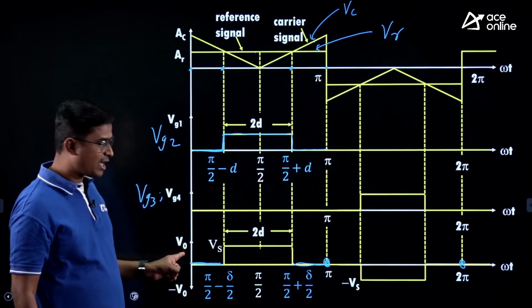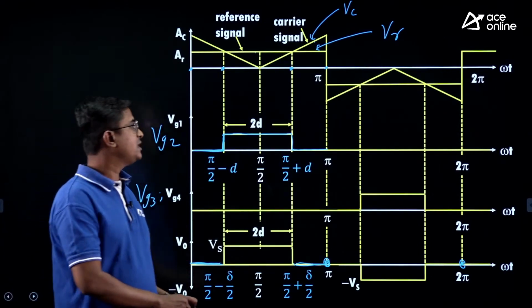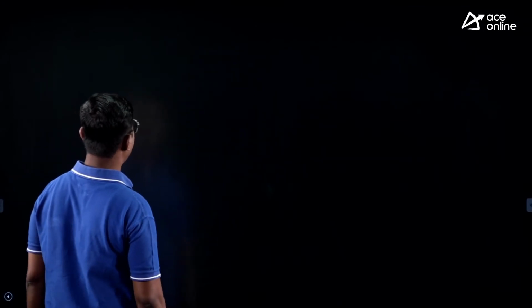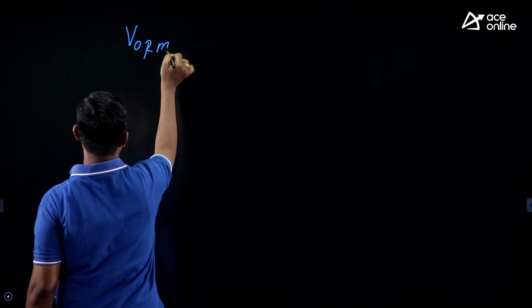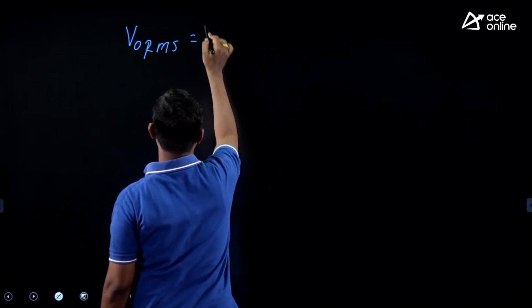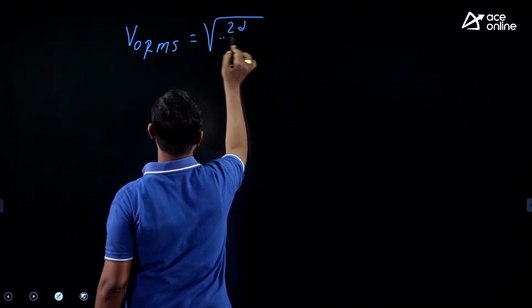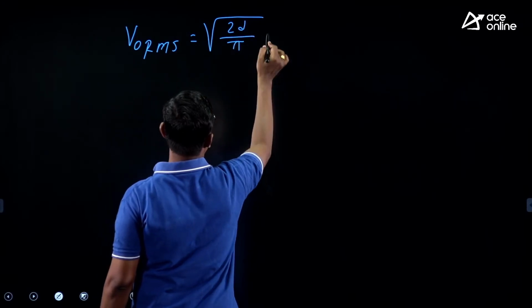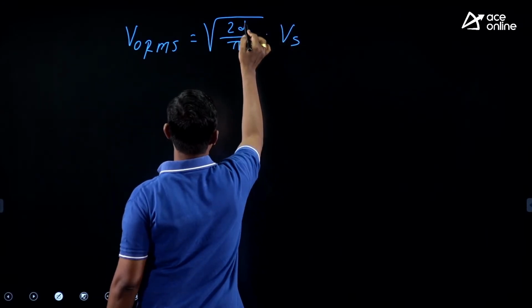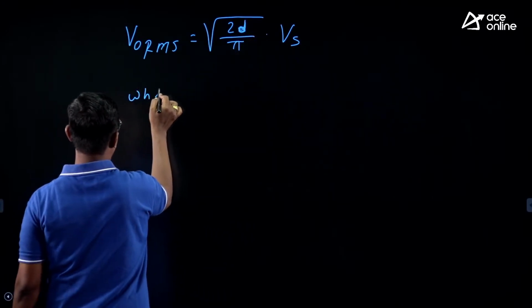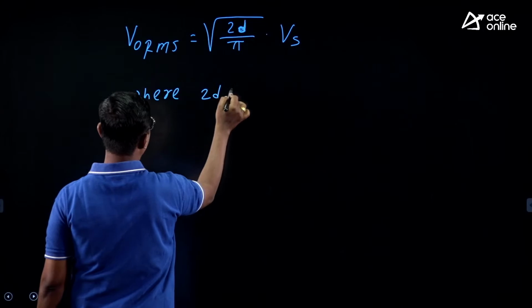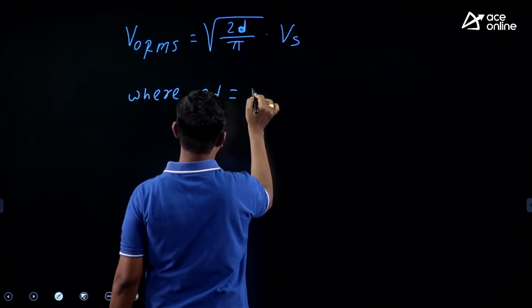Now what is the expression for the RMS value of this output voltage? Yes, V0 RMS, let me write here. V0 RMS is equal to under root 2D by pi into Vs, where 2D is equal to the width of the pulse.